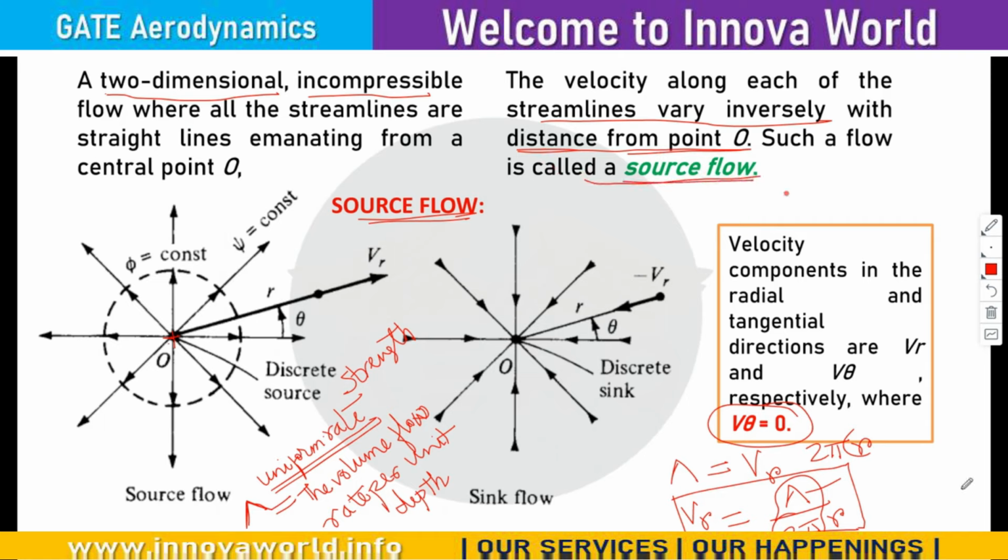Now this is the formula. As I've said, here you can see the formula, and since the strength of the source divided by 2 pi is a constant, I can write it this way: VR equals constant C by R, where the constant is nothing but lambda by 2 pi.